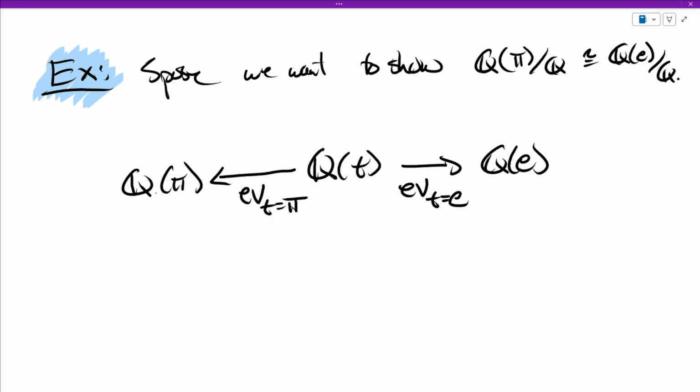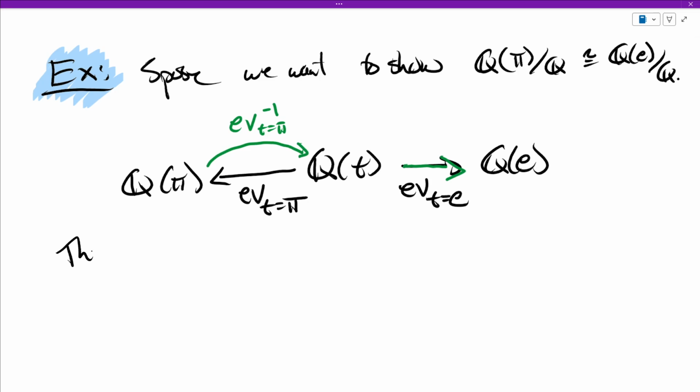Now, isomorphisms all have inverses. The inverse of an isomorphism is again an isomorphism. So if we want an arrow from Q adjoin pi to Q adjoin e, we can undo this one, and then we can follow that by doing evaluate t at e.